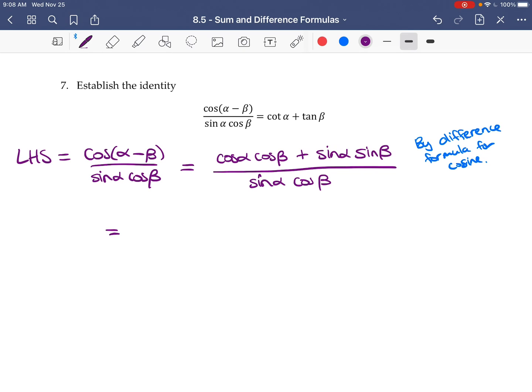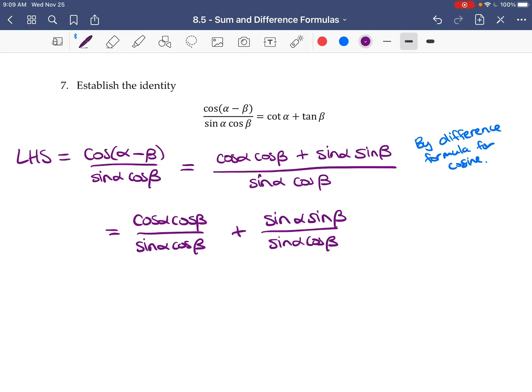So I'm going to rewrite this as cosine alpha cosine beta over sine alpha cos beta plus sine alpha sine beta over sine alpha cos beta.